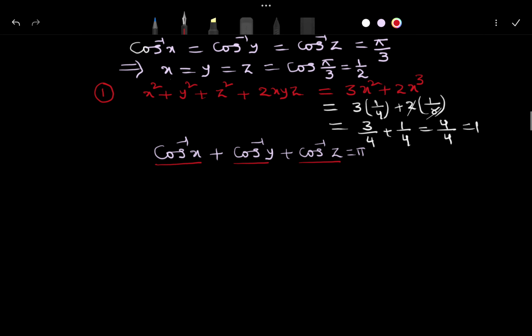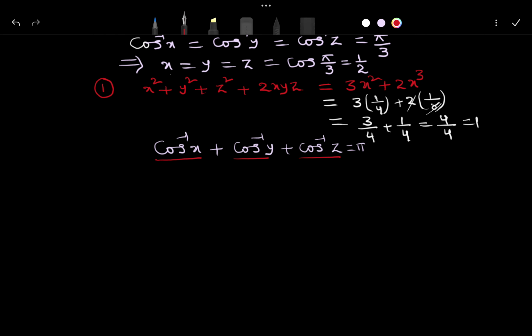So I will convert this in terms of sine inverse. This value will be pi by 2 minus sine inverse of x. Everyone please see very clearly. And the second one is also pi by 2 minus sine inverse of y.